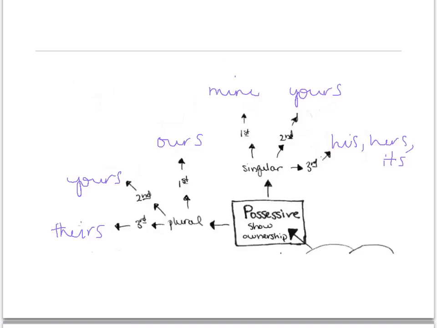So, an example sentence: the blue jacket is mine. Mine being the possessive pronoun. It's showing ownership as well as standing in for the jacket and me, my jacket. The blue jacket is my jacket.